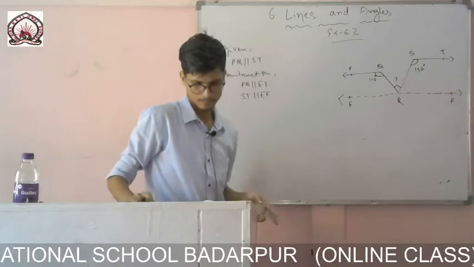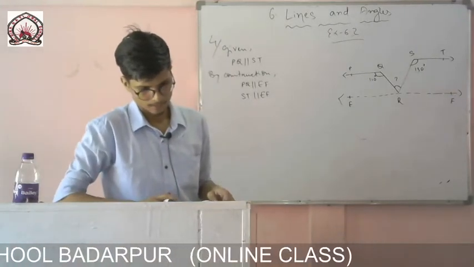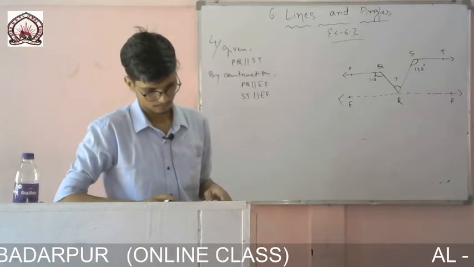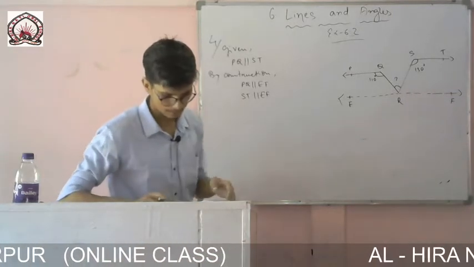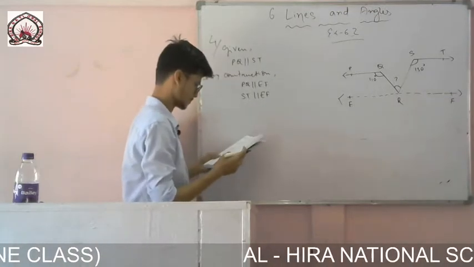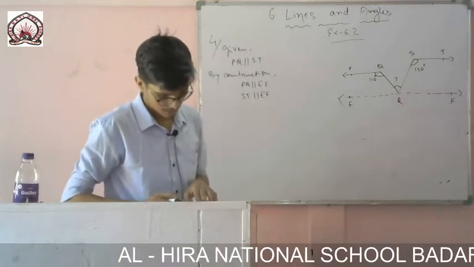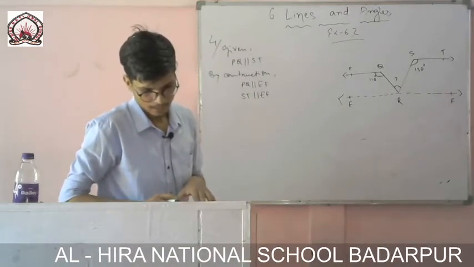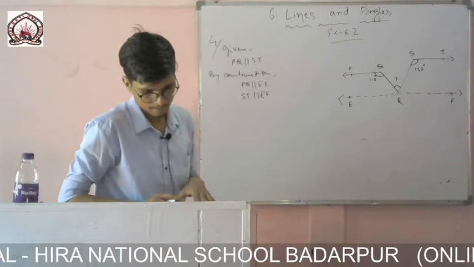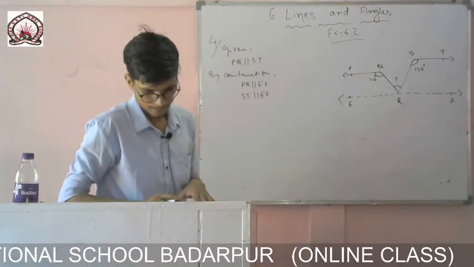Okay. So now you see the question very carefully and some other things are also given. Let me write it, later on I will use it. So you see here, the value of PQR is given as 110, RF.